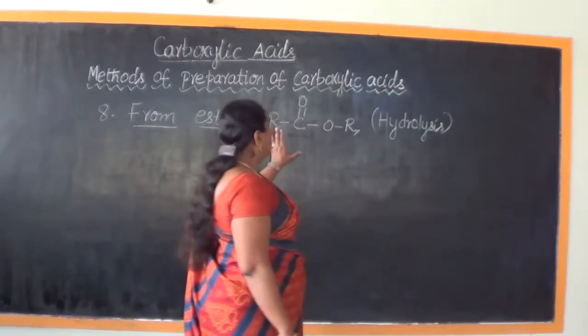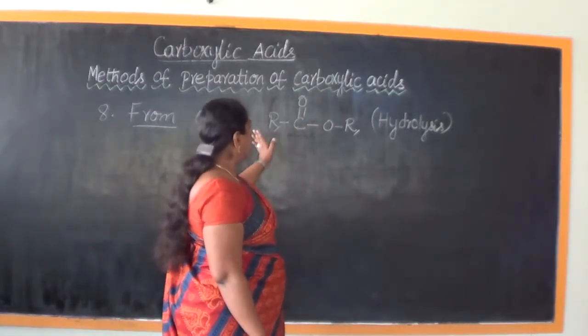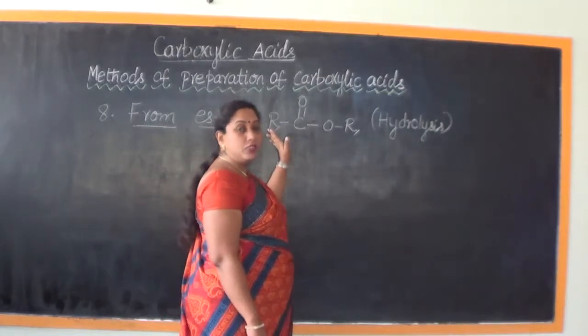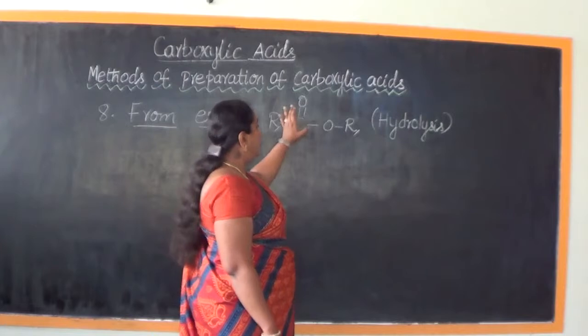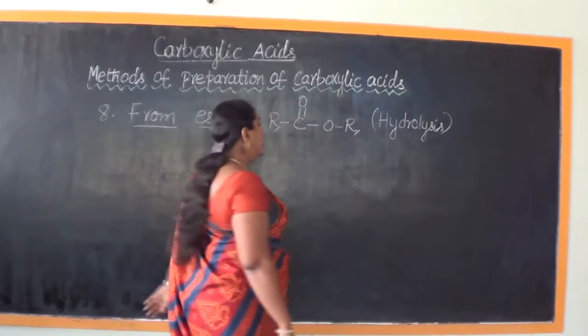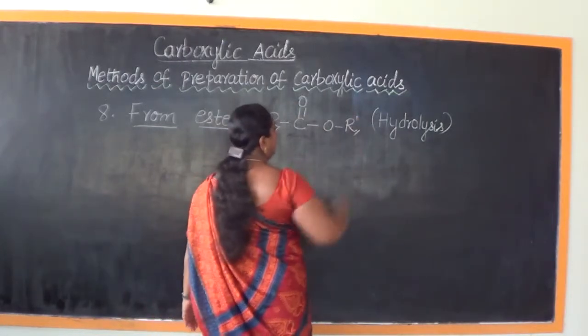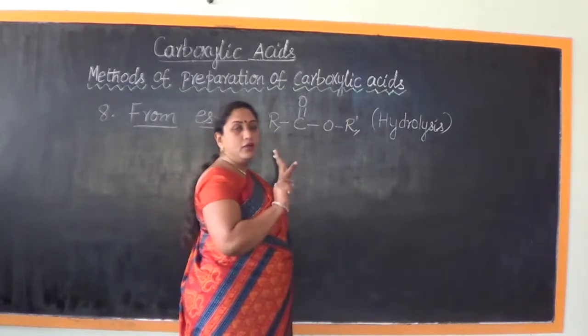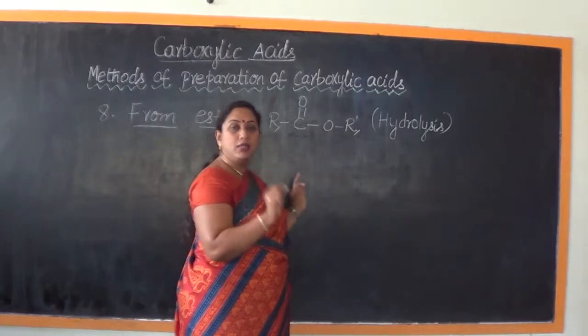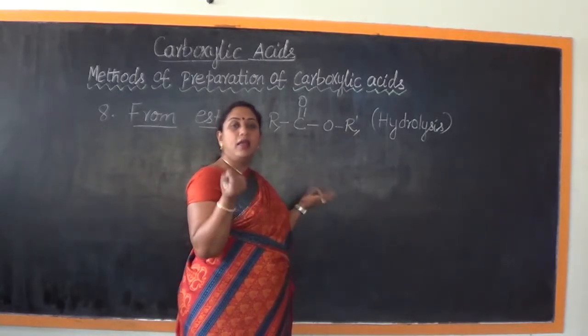Now, to write a symmetrical ester, the general representation will be like this: RCOOR. If it is an unsymmetrical ester, it is going to be RCOOR dash, just to distinguish that these two R's contain unlike groups.